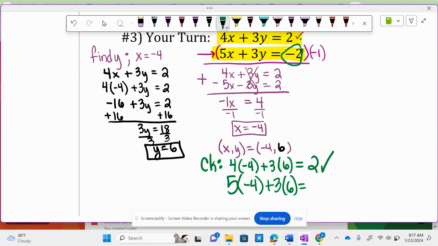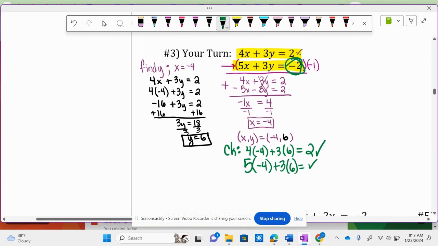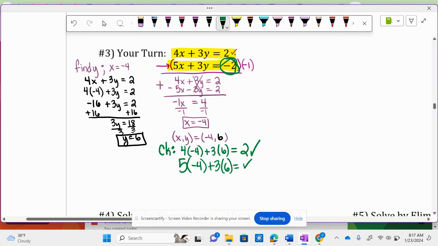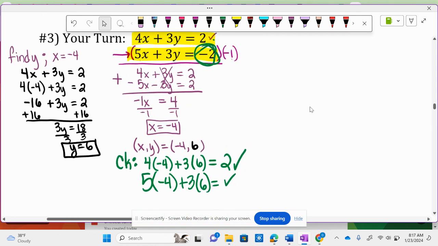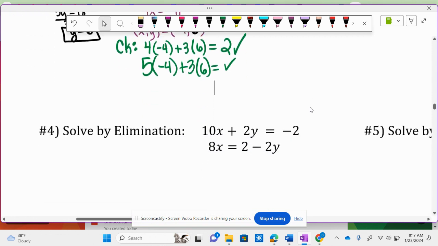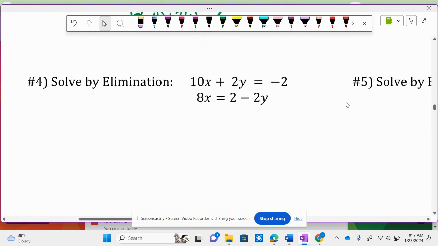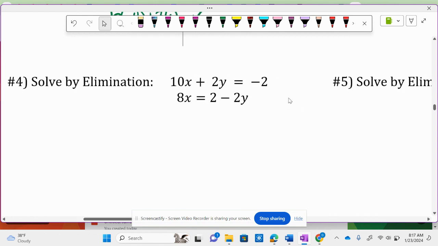What's our solution? -2, and that's what we're supposed to get, okay? How do we feel about that? Good? Okay.